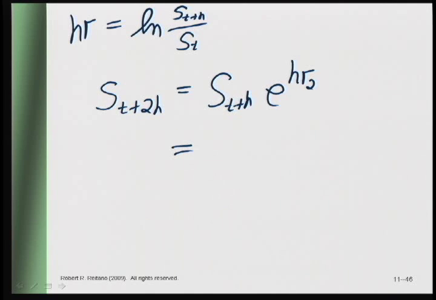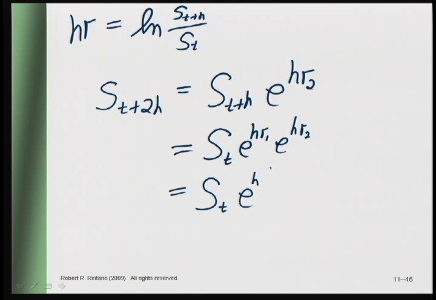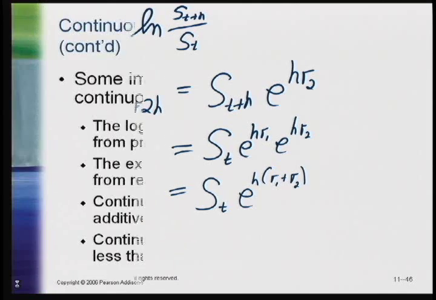But I also know that S_{t+h} is S_t times e to the first period return. In other words, the return for two periods is simply the sum of the two annual returns, working again with annual returns.